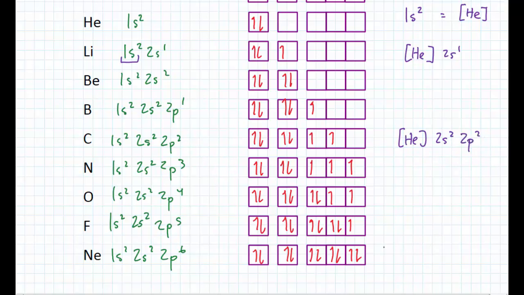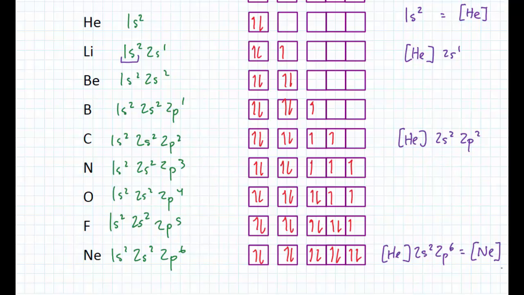All the way down to neon, which we could say helium, 2s2, 2p6, but that's just neon then. So for elements after neon, if you're told to write an abbreviated configuration, you just put neon in square brackets and then continue after that.